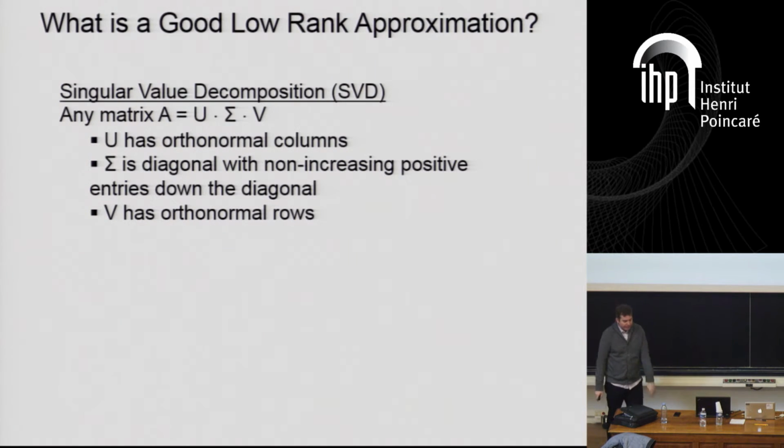So the standard way of solving this problem is through the singular value decomposition. Any matrix A can be written as U times sigma times V, where U has orthonormal columns, sigma is diagonal with non-negative, non-increasing values going down the diagonal, and V has orthonormal rows.